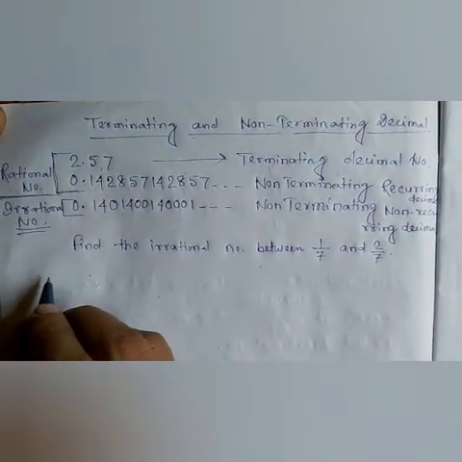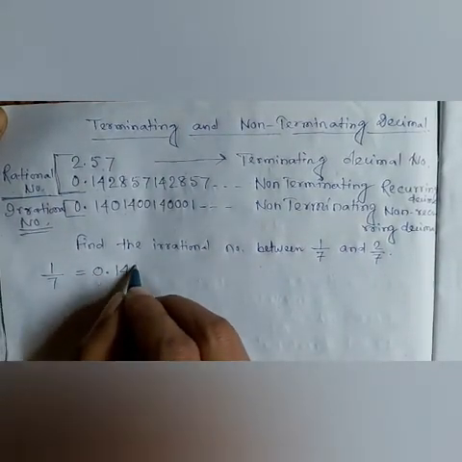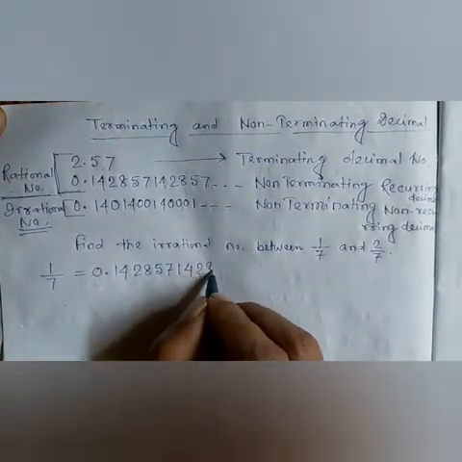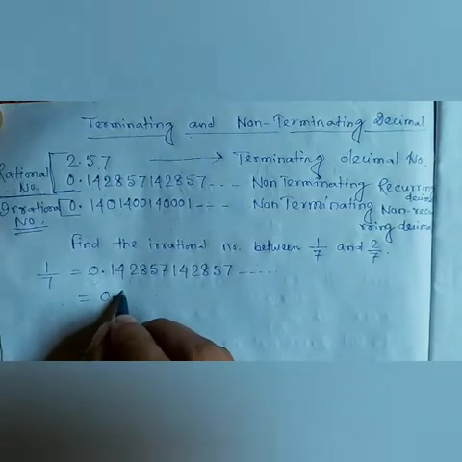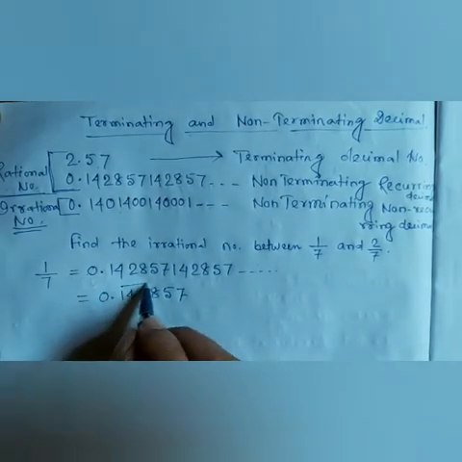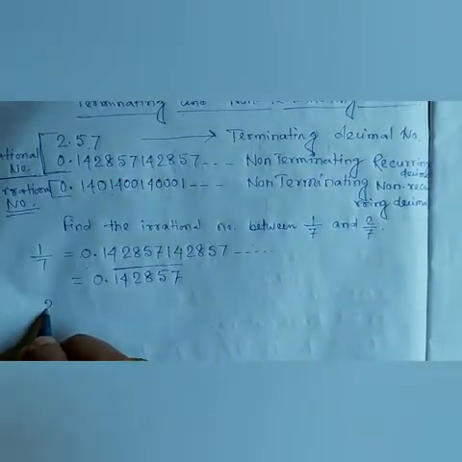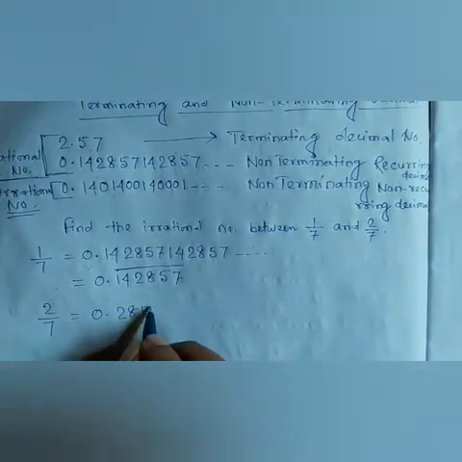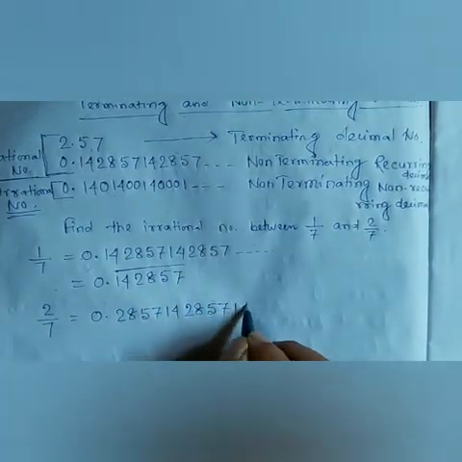So first we have to find the value of 1/7. The value of 1/7 is 0.142857, again 142857, and this is continuous. That means the value of 1/7 is 0.142857 with a bar, as these six digits are repeated. Now the value of 2/7 is 0.285714, again 285714 and continuous.